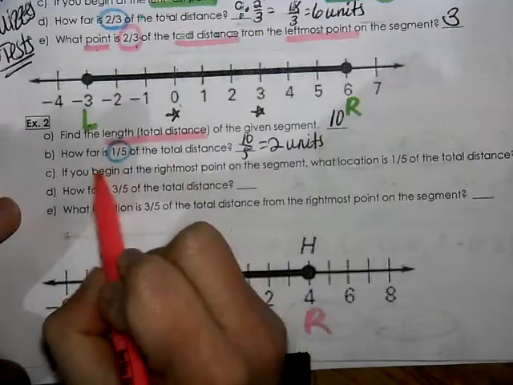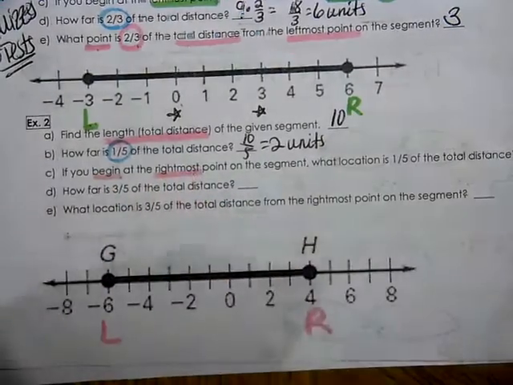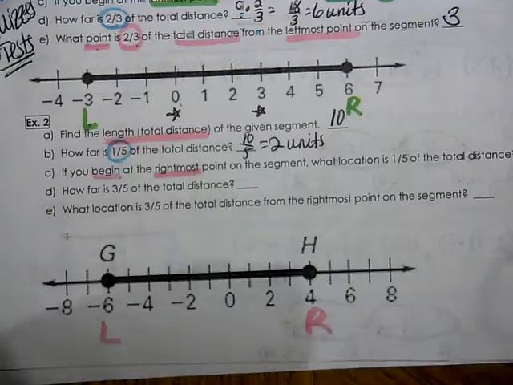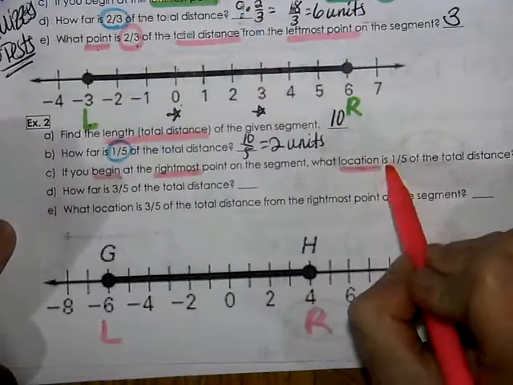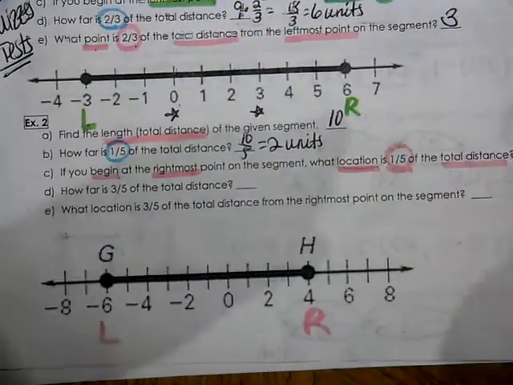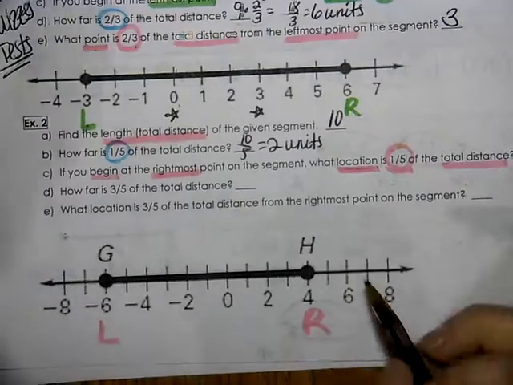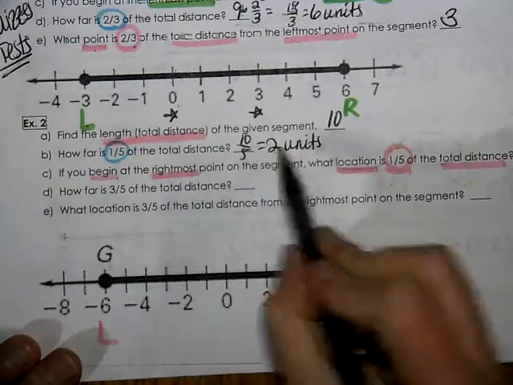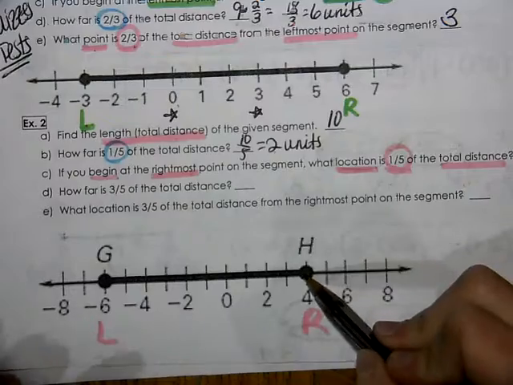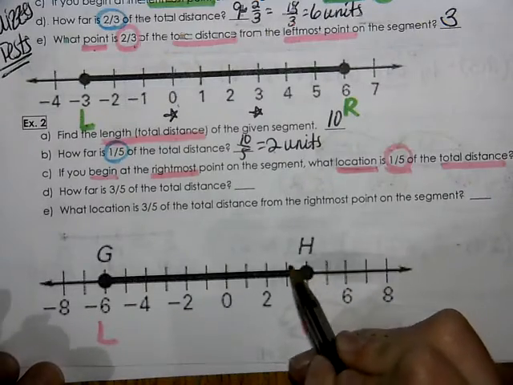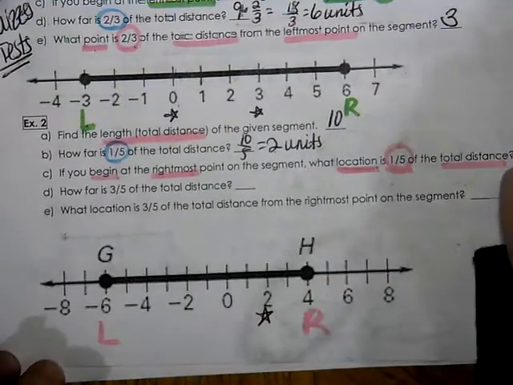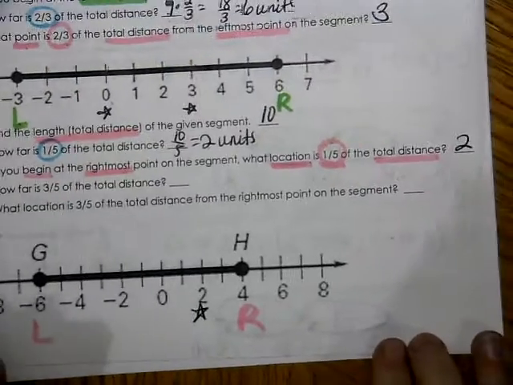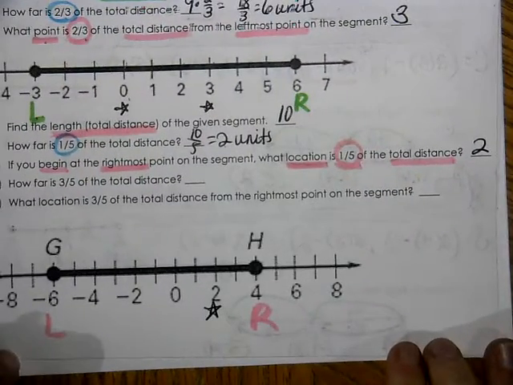This time around, we're going to begin at the rightmost point on our segment. What location is 1/5 of the total distance? So this time around, we're going to travel 2 units, but we're starting at the rightmost point. So traveling 2 units is 1, 2. We land at the number 2. And that's what we would write down, 2.